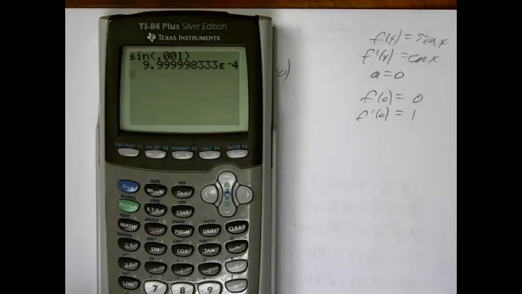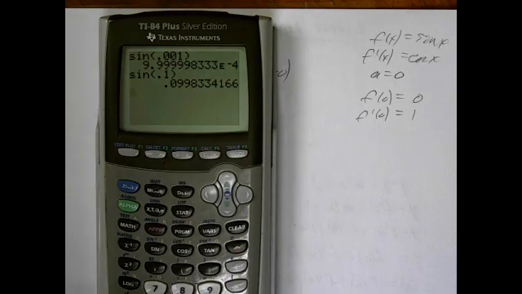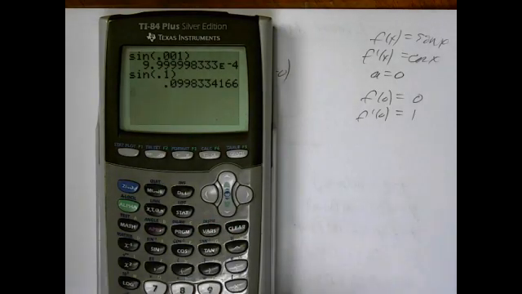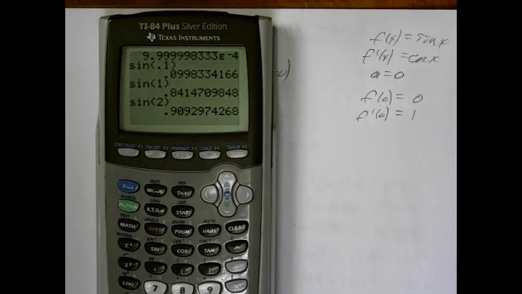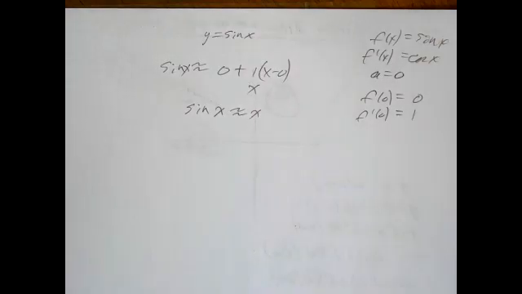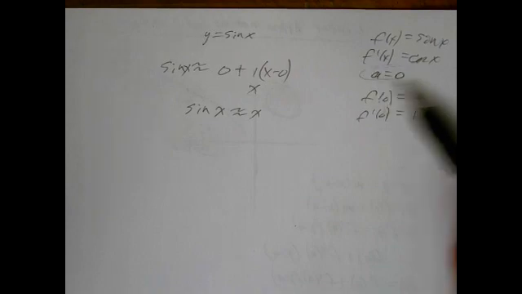Now this isn't going to work forever. If you take the sine of 0.1, that's still pretty close, I will admit. But the sine of 1, I believe by that point, is starting to get a little bit further away. Sine of 2 is getting much further away.